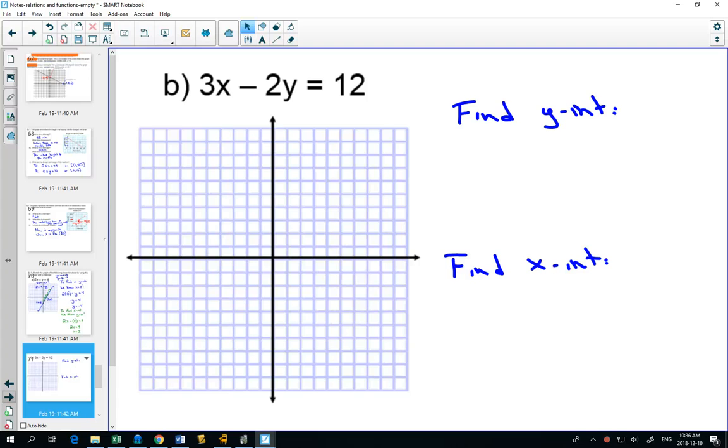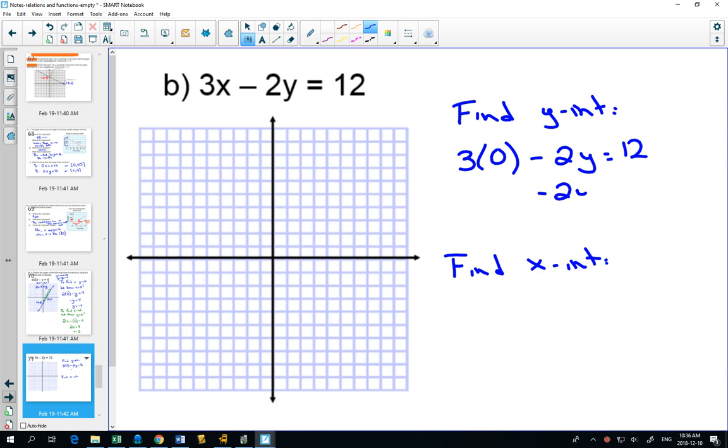Let's check how you did. For your y-intercept, plug in 0 for x, which would give you -2y equals 12. Divide by -2, your y-intercept is at -6.